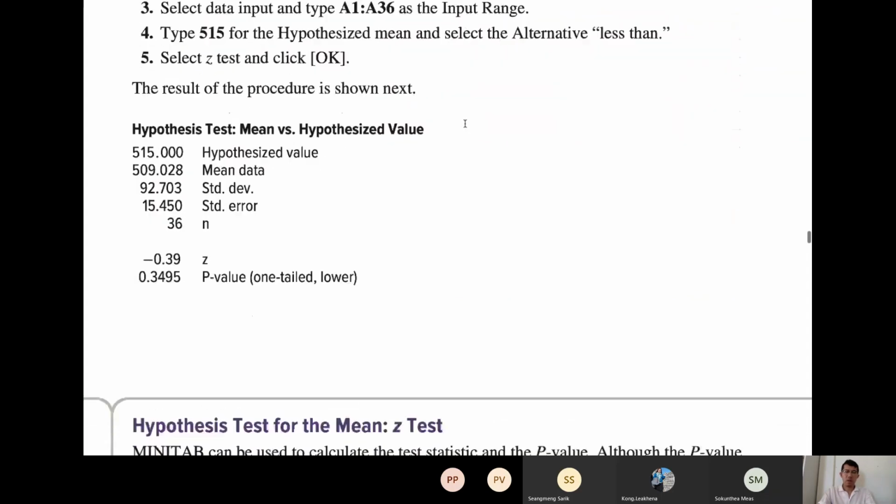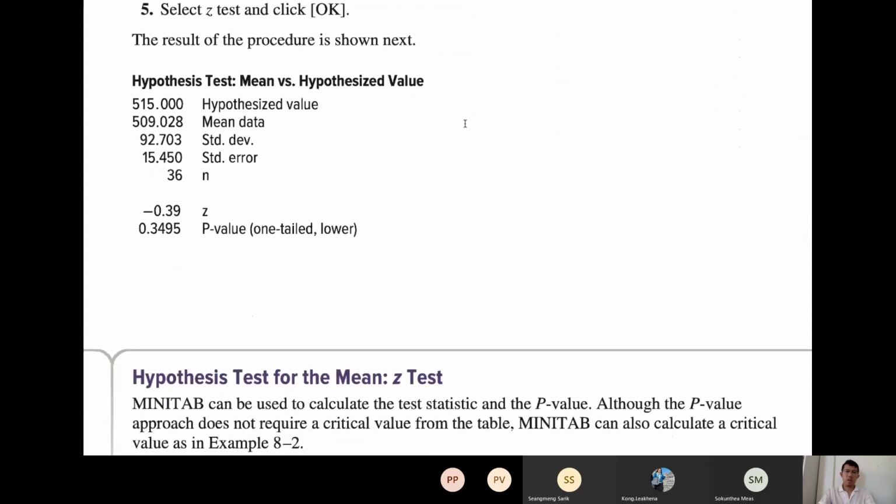So this is one example: when you enter the data you will receive this numerical solution from the MegaStat. And as you can see in the last value, this is the p-value, right, which is 0.3495, and it is for the one-tail test, or the left-tail test, because lower means left, right?